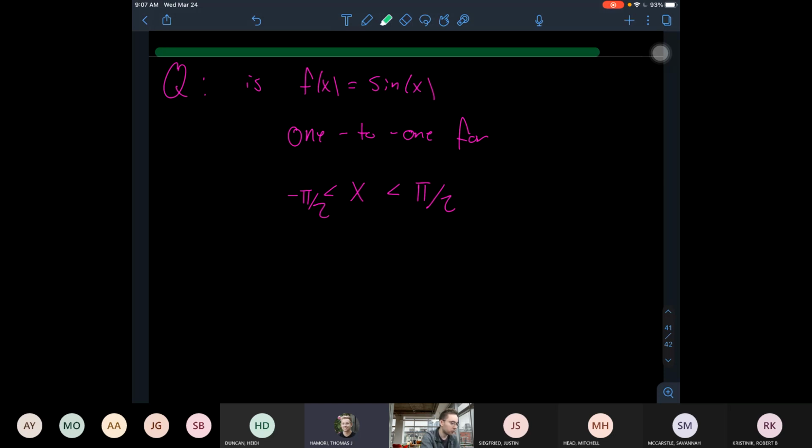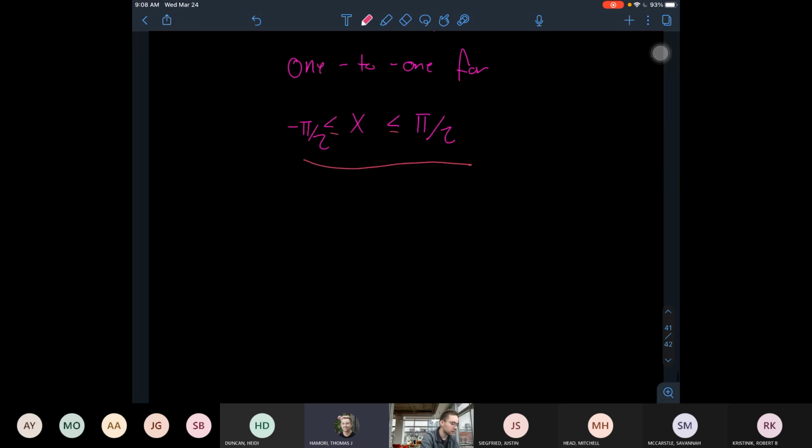everywhere. But if we just look at a little piece of it, then maybe we have a hope. If we just look at f of x equals sine of x, where x is between negative pi over 2 and pi over 2, and actually these should be less than or equal to signs. Then what does it look like?